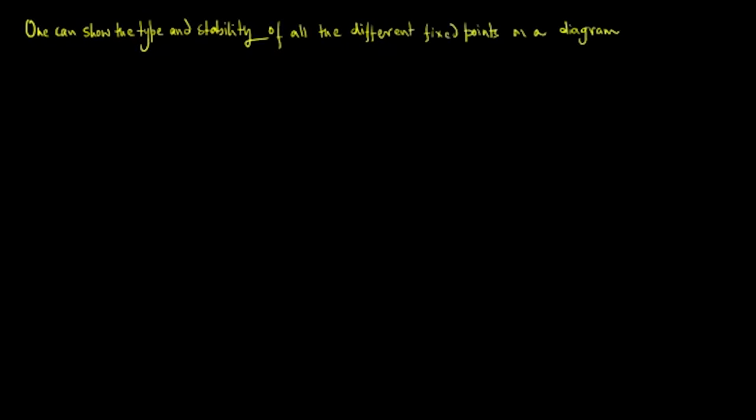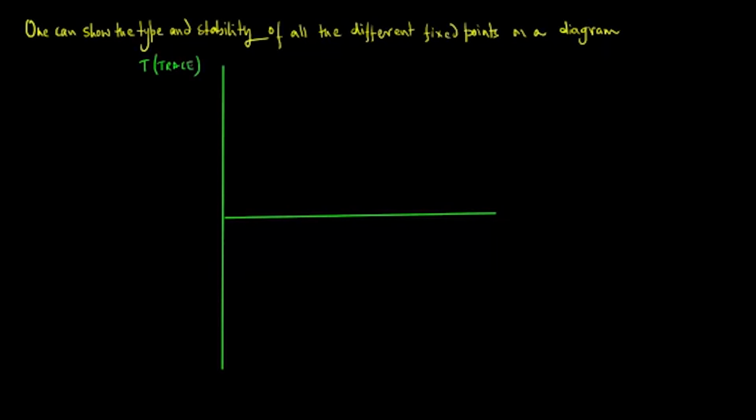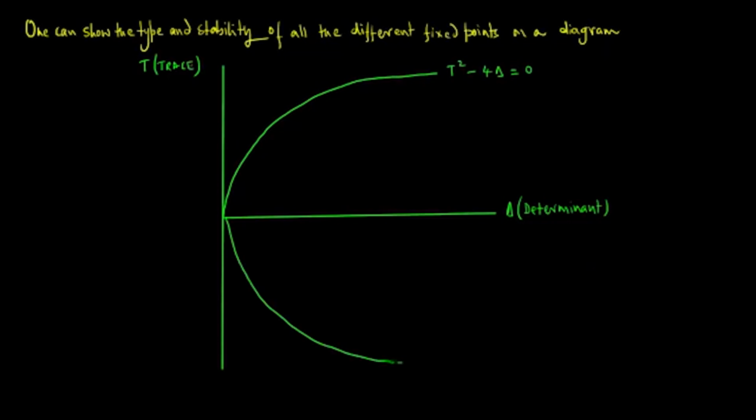One can now show the type and stability of all the different fixed points on a single diagram. So we plot the trace tau versus the determinant delta, and we also plot the curve tau squared minus 4 delta is equal to 0.